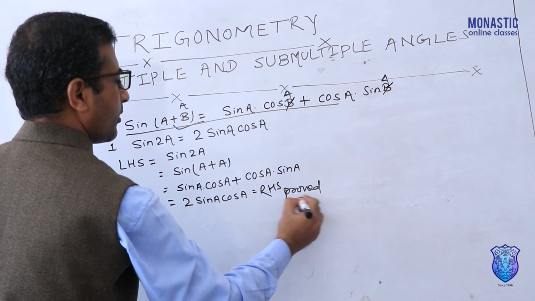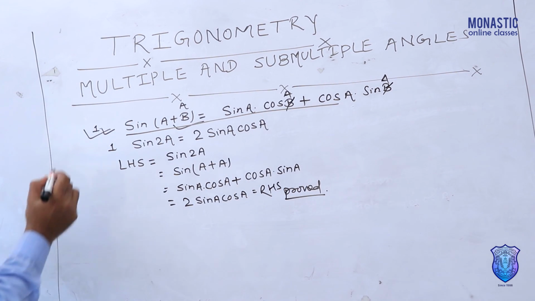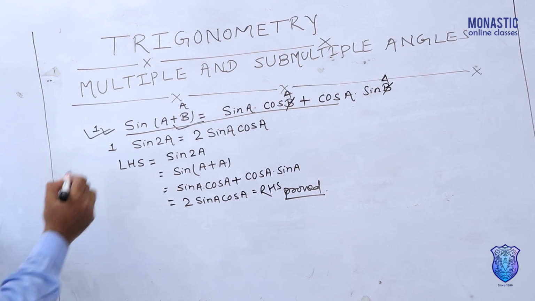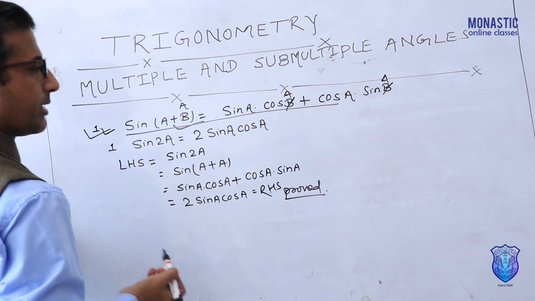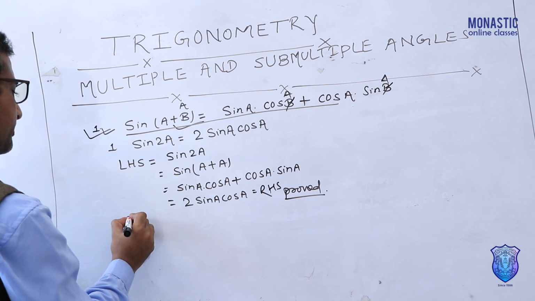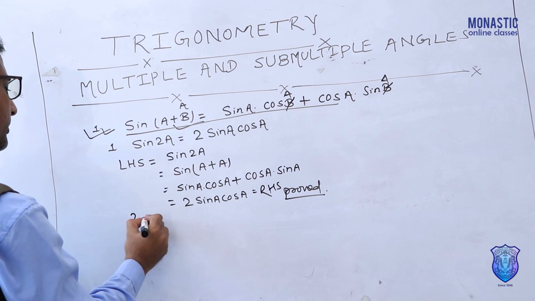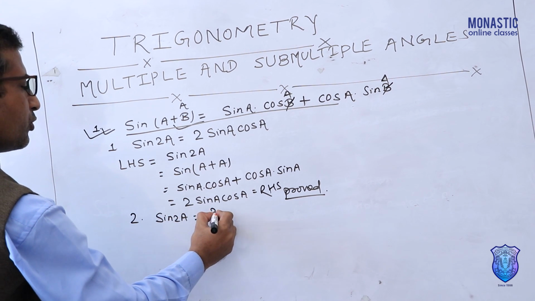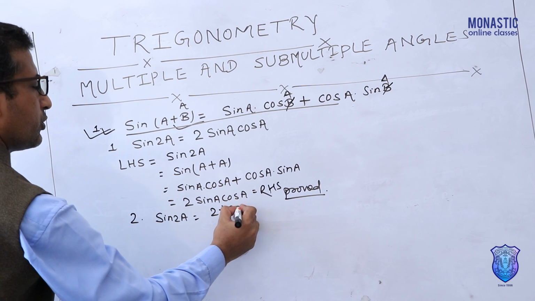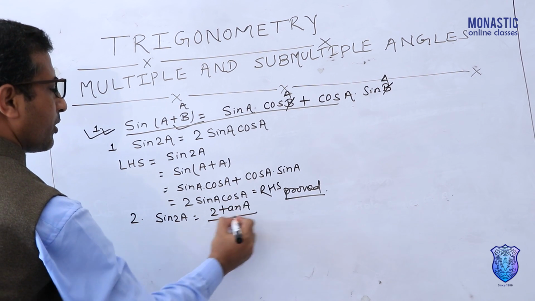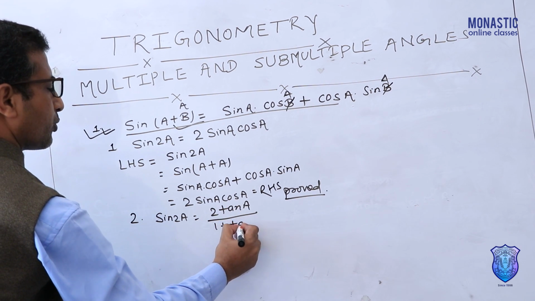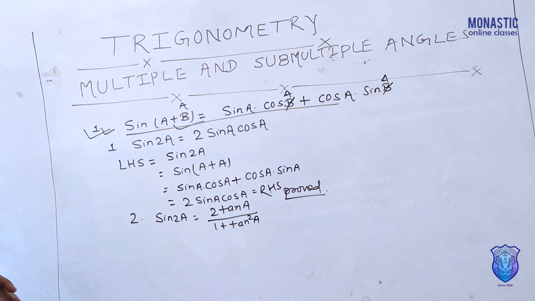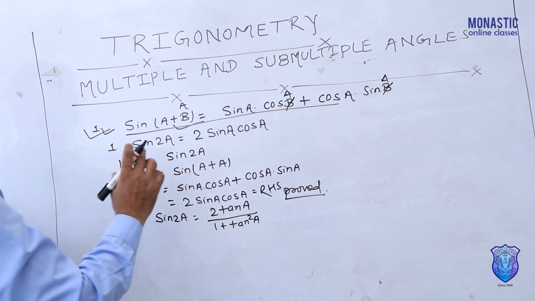So we have the first formula: sine of 2A is 2 sine A cos A. Next, for the same sine of 2A, another formula is 2 tan A by 1 plus tan square A. To prove this formula, we use sine 2A as before.